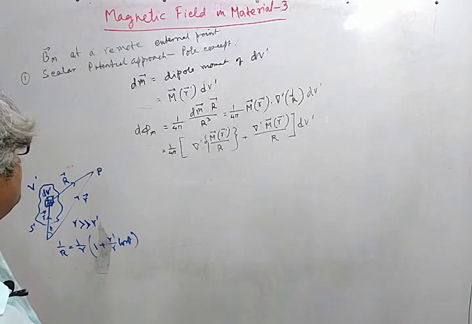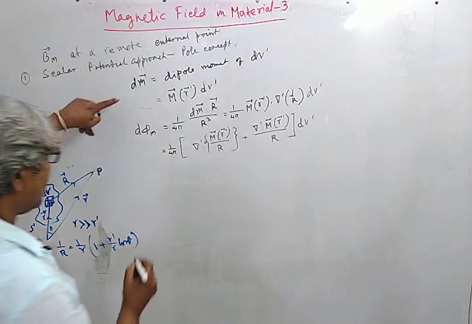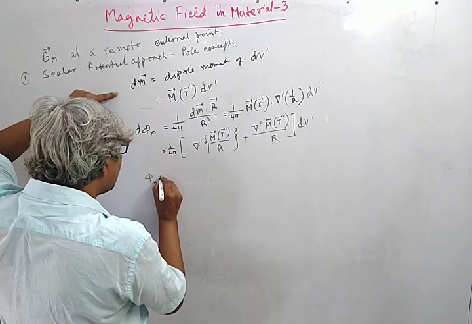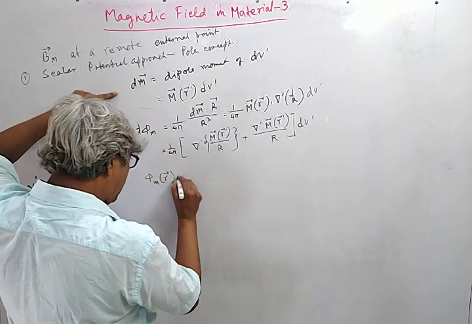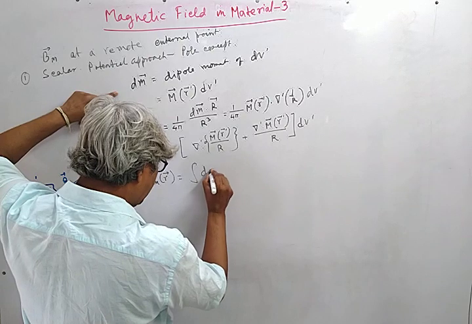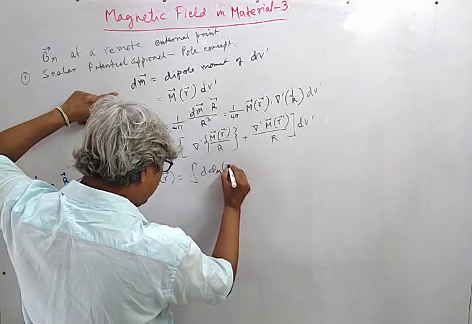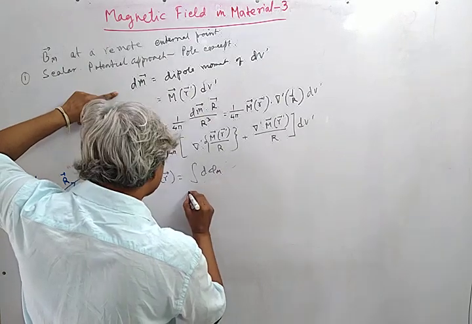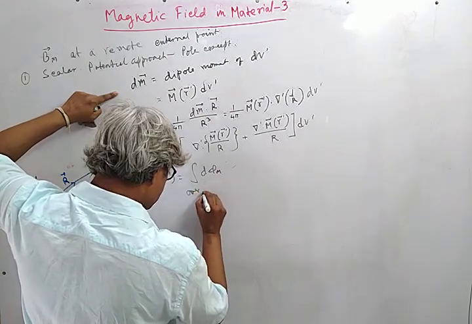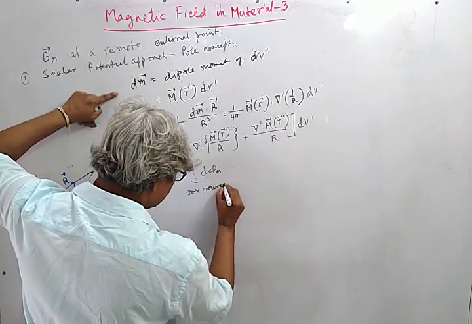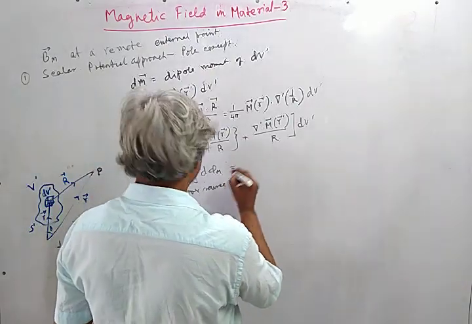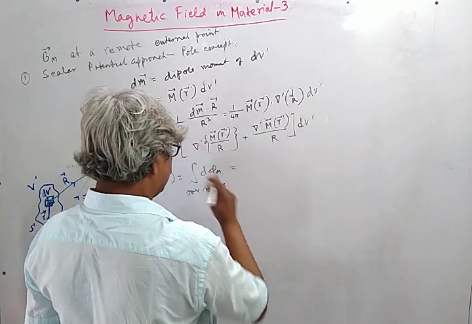Now, what is the total scalar potential at R? Scalar potential at R is obtained by integrating d phi m over source, so to say, on simplification of this part.